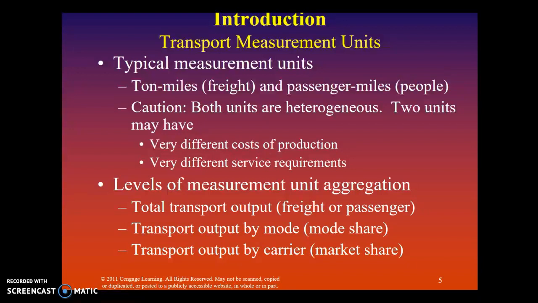These are heterogeneous, and the two units have very different costs of production and very different service requirements. When we think about aggregation, we think about the output by freight or passenger, the output by mode, and of course by carrier or market share. Together, we can see how this can have an economic impact and cause either a strong or a weak link in the supply chain.